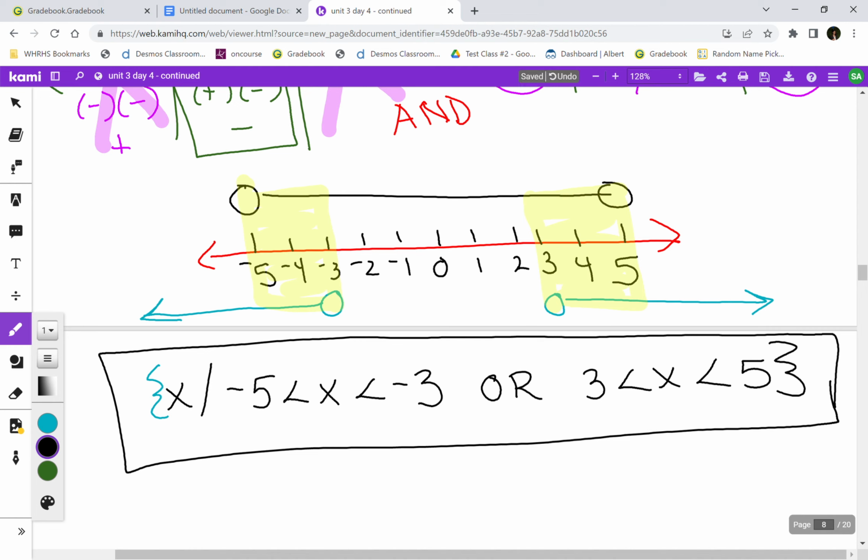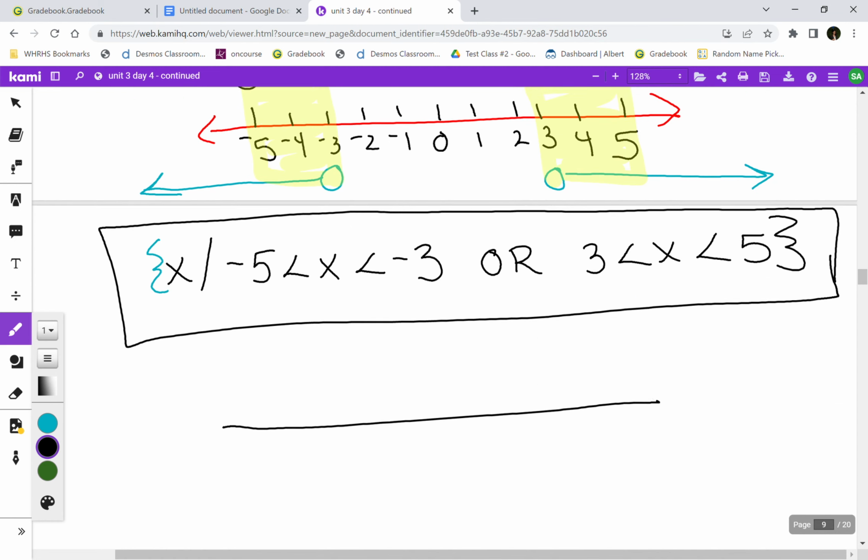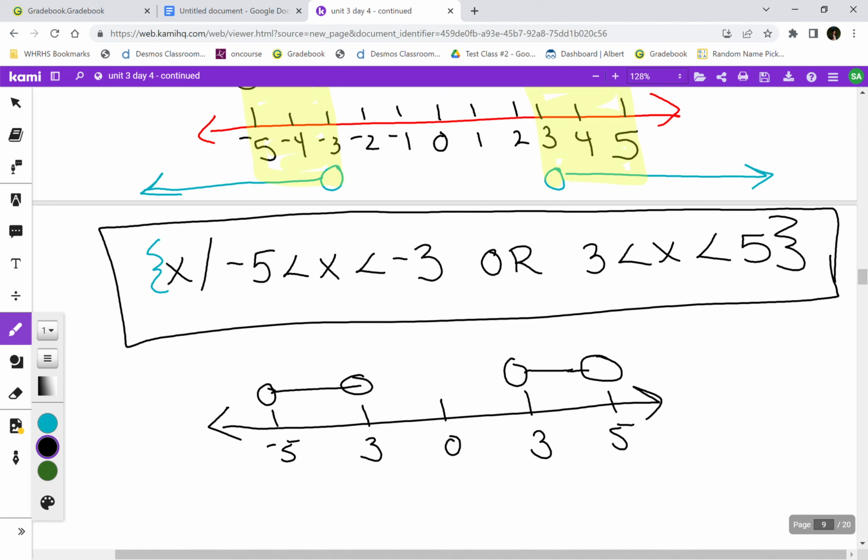Because it could fulfill this yellow part, or it could fulfill this yellow part to make the statement true. If I asked you to graph this, your final graph would look like that.